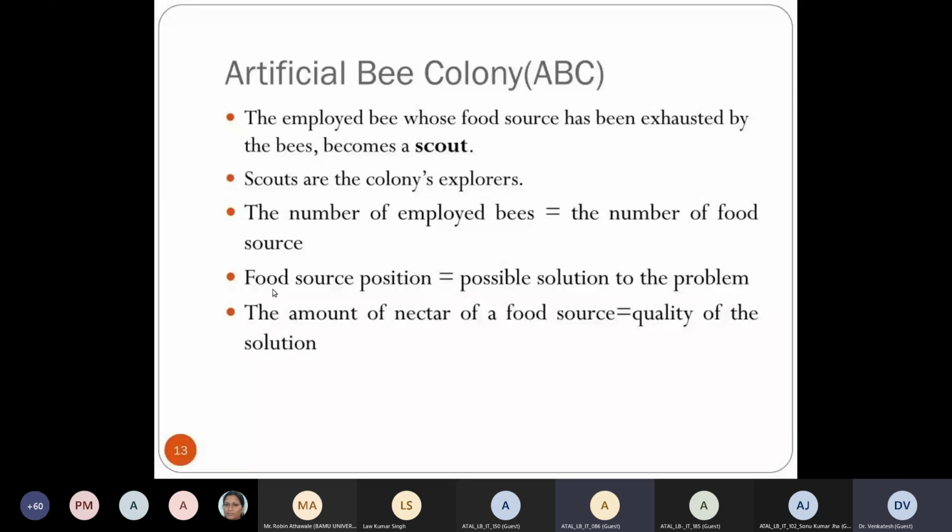So if 100 employed bees are there, every employed bee will be associated with a possible solution. So this is the advantage of this artificial bee colony algorithm. If you are doing the exhaustive search, let me tell you, once this is done, I will show you an example where it can be exactly used.